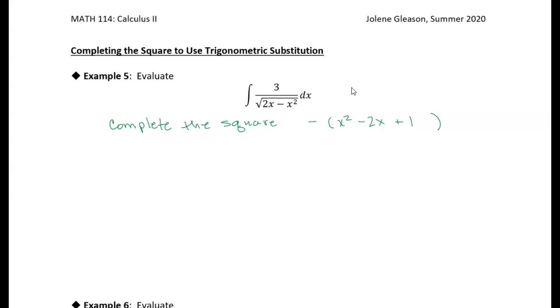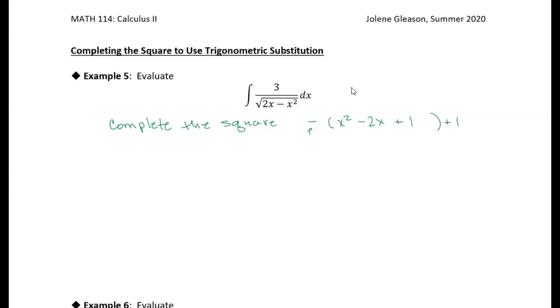So if I added 1 in the parentheses, then I have to do something to undo that. But because I have this negative sign out here in front, what I really did is added a -1. So if I added a -1, then I have to add a +1 to cancel it out. All right, so now I've added 0.